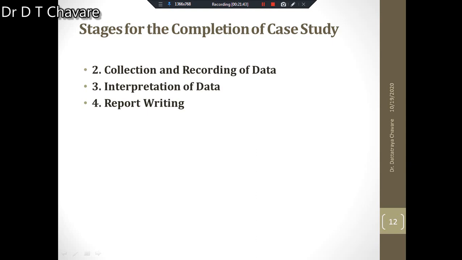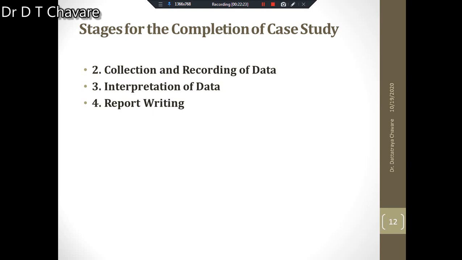Then the second stage is also there. What is it? Collection and recording of data. After clear-cut defining of the problem of the research, researchers should use proper tools and techniques to collect and record reliable, complete and objective data about the unit under study. How can you collect the data? Such data may be collected through personal documents and in-depth interviews.